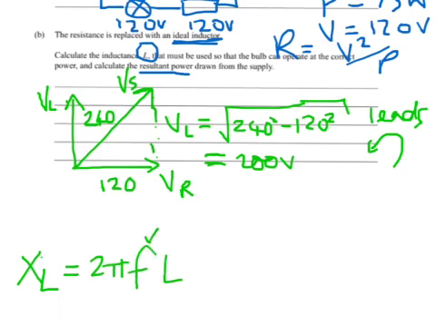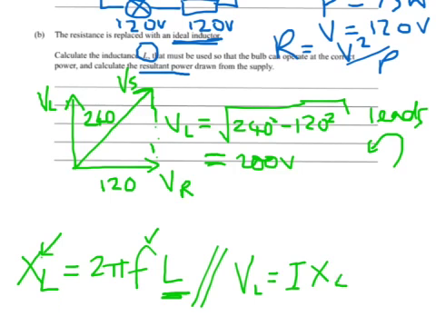If we can find XL, we can find L. So I'll just work backwards through this. This is why I'm going for the voltage. Working backwards, if we use Ohm's law for the reactance of the inductor, we've got V across the inductor equals I times XL. There's XL instead of R.